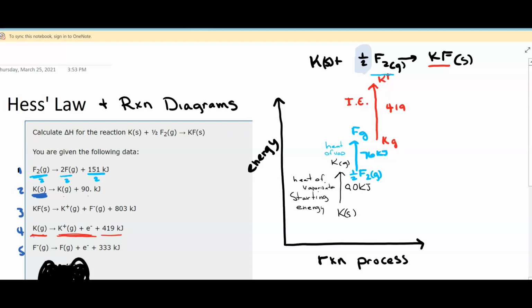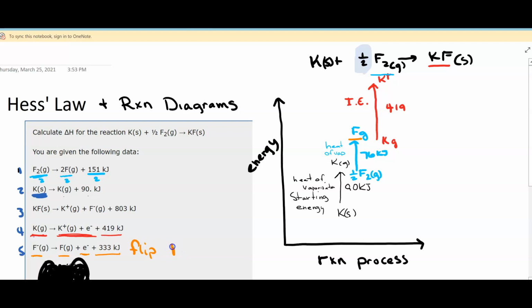To get a fluoride ion to react with the potassium ion, we need to take our fluorine gas and turn it into the fluoride ion. And we see in equation 5, the fluorine atom forming from the fluoride ion, releasing the electron it has, requires 333 kilojoules of energy to pull an electron off of it. But we want to put an electron on it. So we need to flip this reaction.